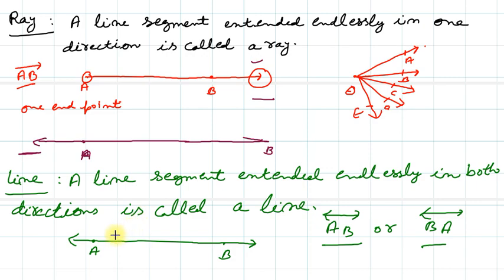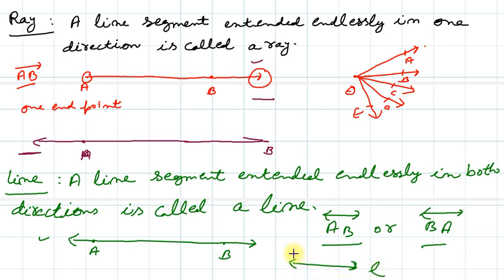As the line is endless, it cannot be drawn on paper. We can simply represent a line as shown here. However, sometimes a line is represented by a small letter, l, m, or n, etc. If I draw a line here like this, I can represent it with a small letter l.